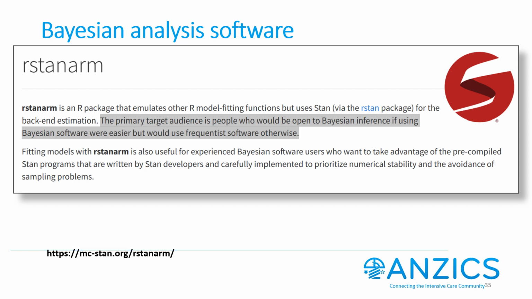So those who can use R can work in a more comfortable context of their coding and get into Stan. And dummies like me might be able to do this. The primary target audience is people who would be open to Bayesian inference if using Bayesian software were easier. But otherwise, I'll use my familiar frequentist, please.